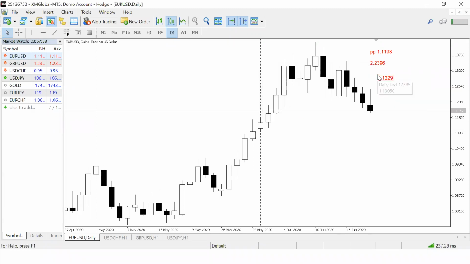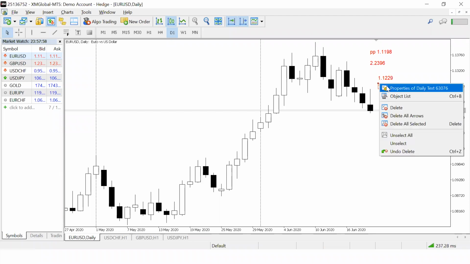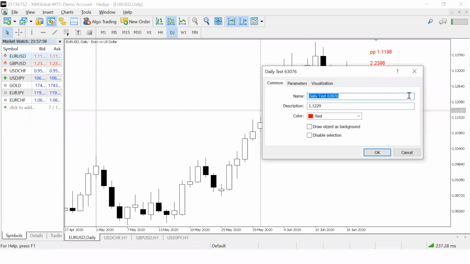Then for the other level, we take 2.2396 again and subtract our high.